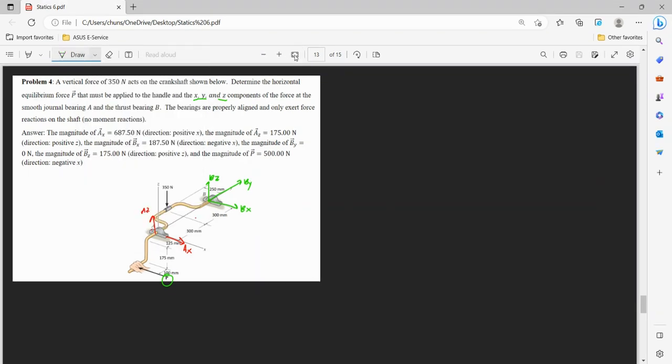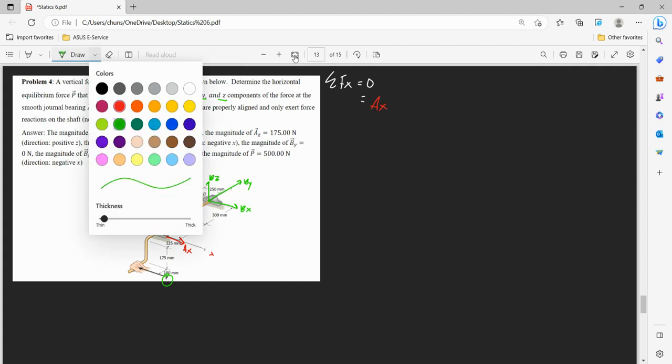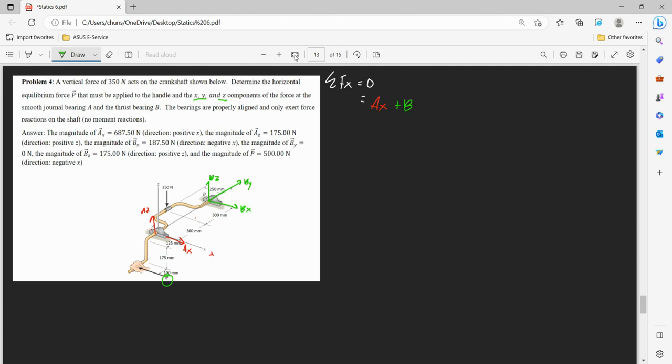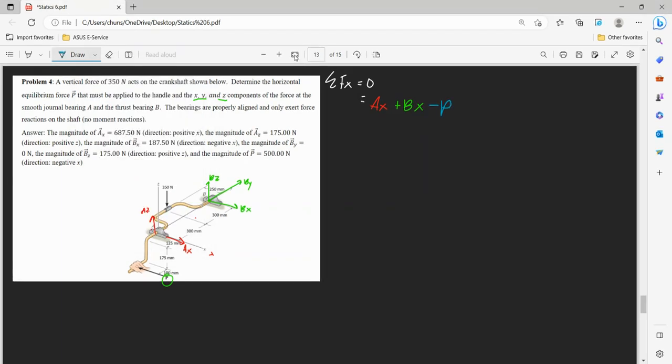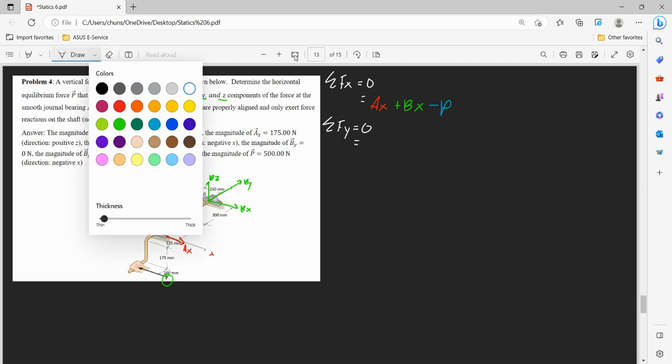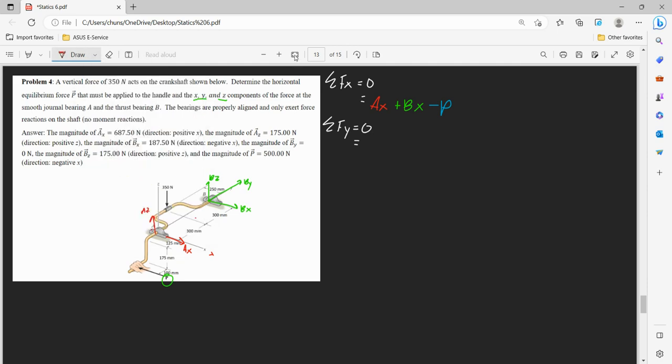Okay, so let's start with our X reactions. So let's say this is positive. So this is AX plus, sorry, plus BX, and then minus our force P. Okay, and for Fy, we have just BY.